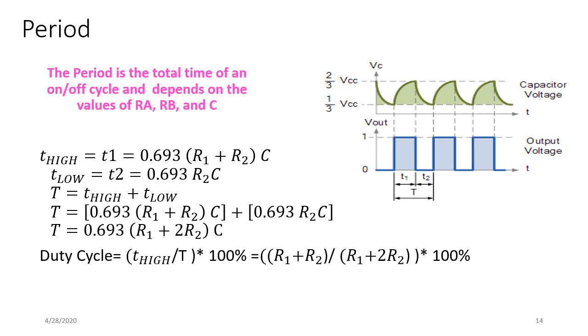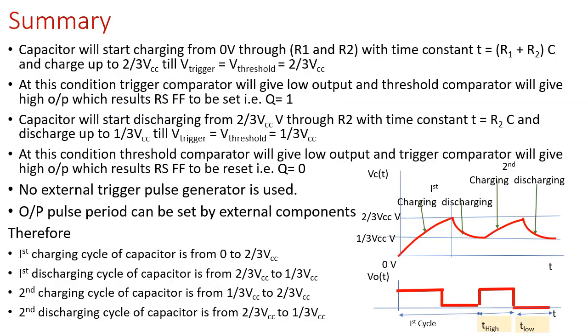Hope all of you have understood the working of the astable multivibrator. Now in the end, let me summarize what we discussed about the working of IC555 as an astable multivibrator. The capacitor will start charging from 0 volt through R1 and R2, and the charging time will be R1 plus R2 into C. The charging will continue till the voltage reaches 2/3 VCC.